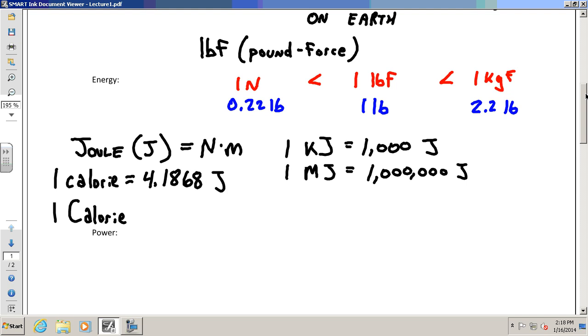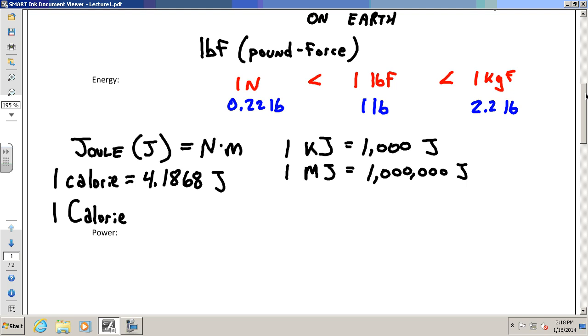When I talk about the lowercase calorie, this is the calorie that scientists and physicists have talked about for years. 1 calorie is about 4.187 or so joules.